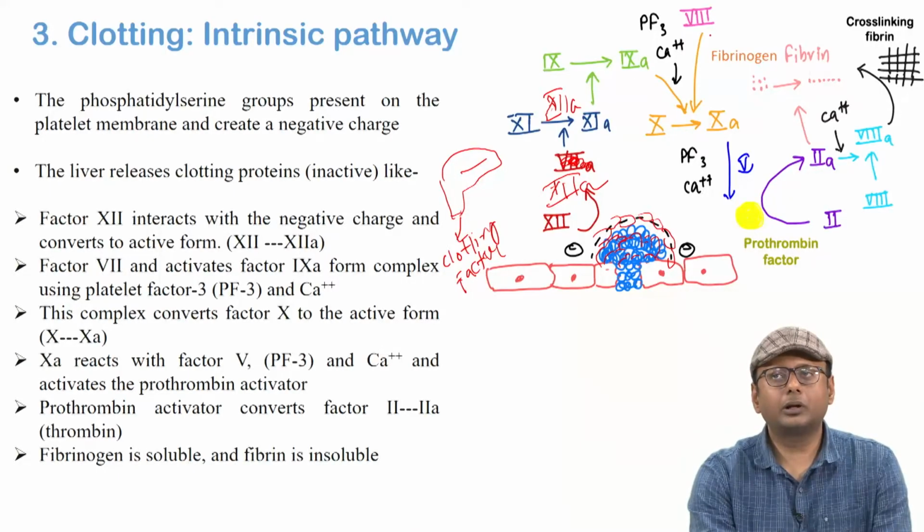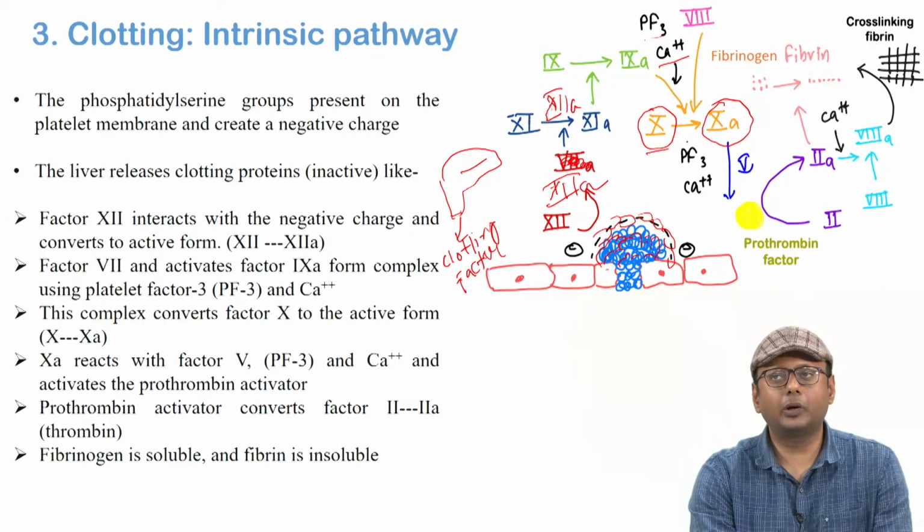In between, clotting factor 8 participates along with 9A, together with the PF3 factor and the calcium, which are both cofactors. So, in the presence of 9A, clotting factor 8, PF3 and calcium 2 plus, clotting factor 10 gets converted to clotting factor 10A.